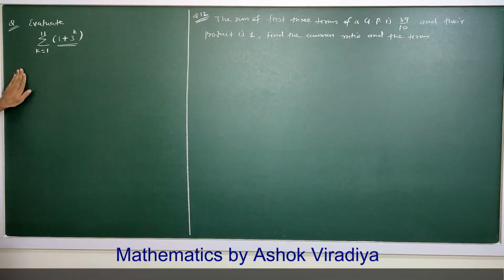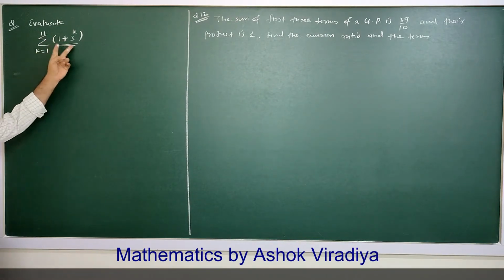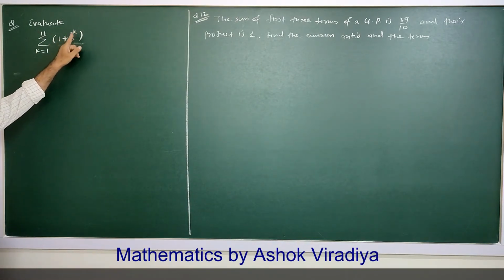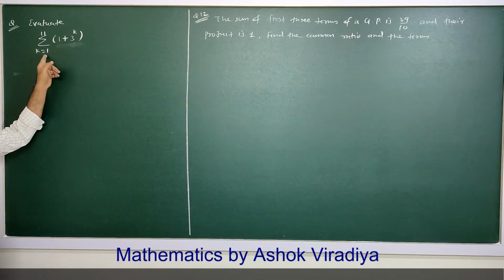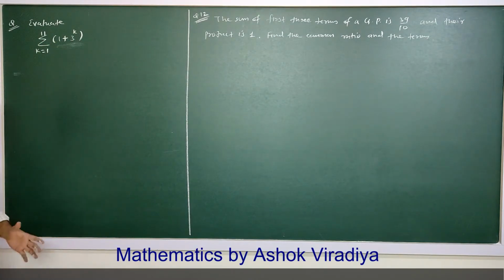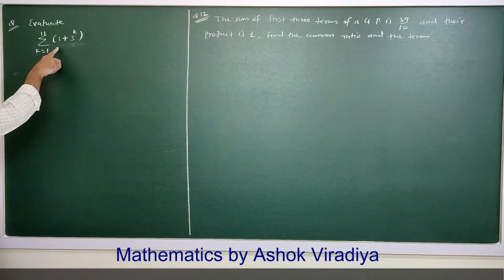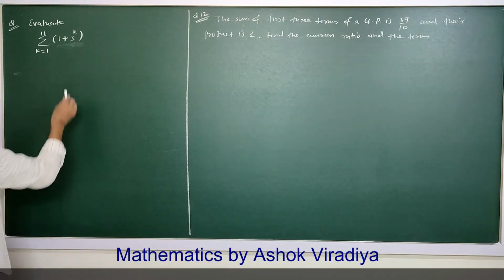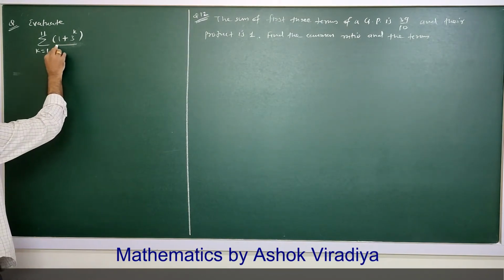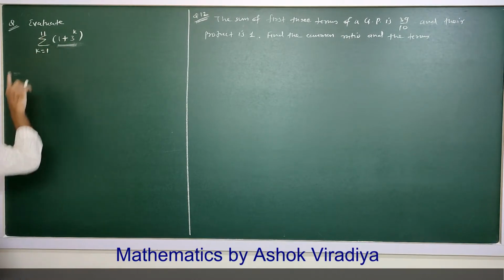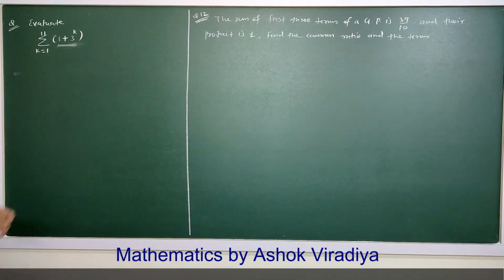Now the next question: evaluate the sigma of 1 plus 3 raised to k, where k is 1 to 11. That means this expression represents the sum of the first 11 terms. Now what does sigma do?